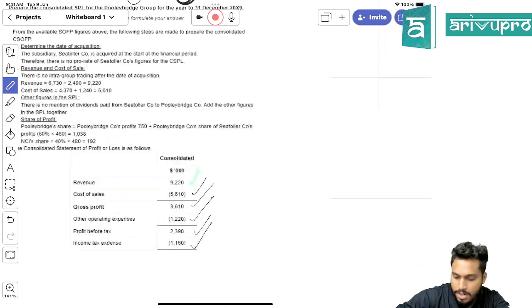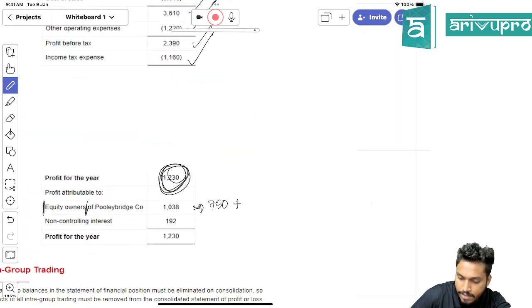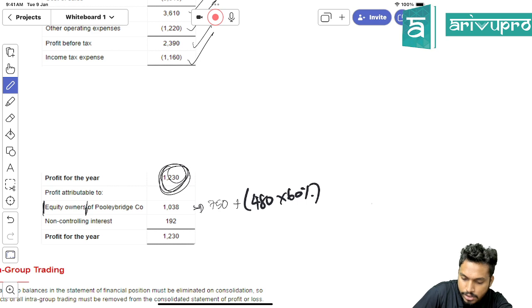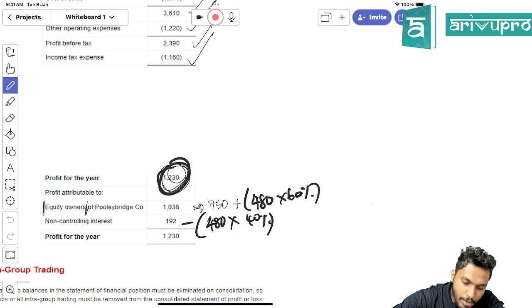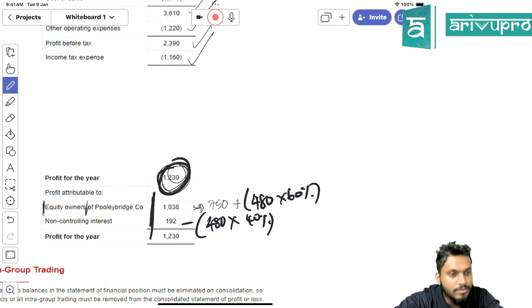So of this 480 they will enjoy 60%. So when you total this you will get 1038, and subsidiary or the non-controlling interest will bear the rest 40%. So 40% of 480 is going to be 192. That is how the group profit is being distributed.